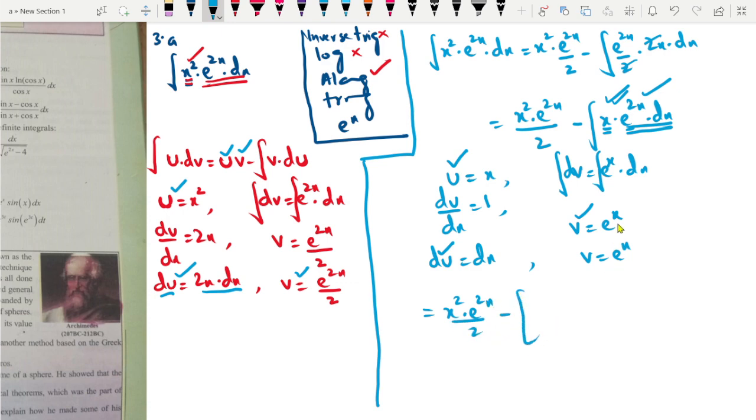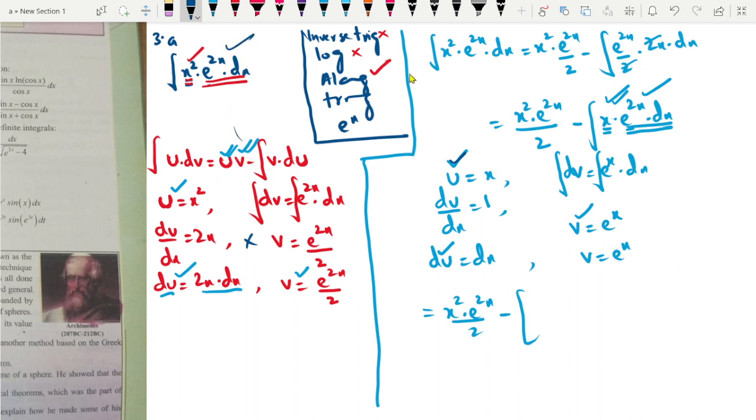minus u into v, where u is equal to x and v is equal to e to the power x, minus the integral of v, v is e to the power x, dot du. Sorry, we will put these values, not these values, these are for the first one.